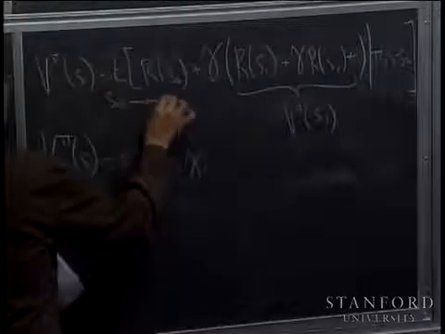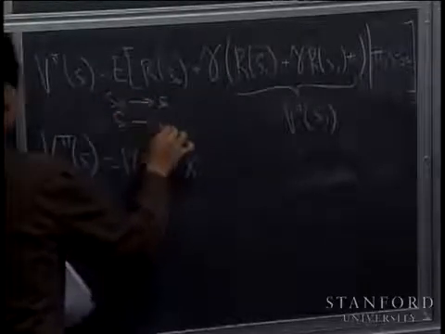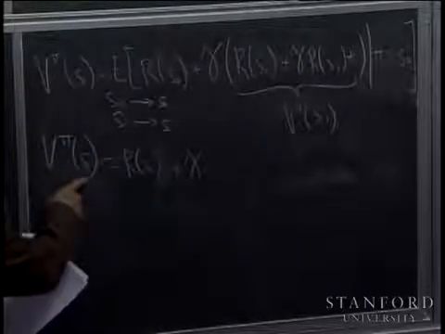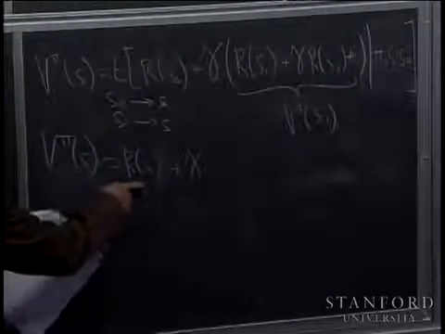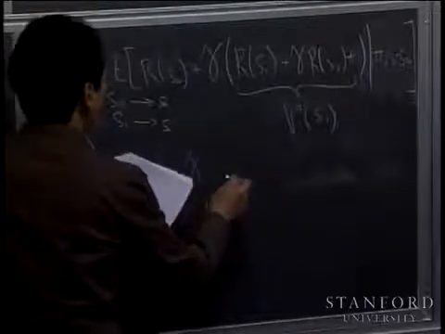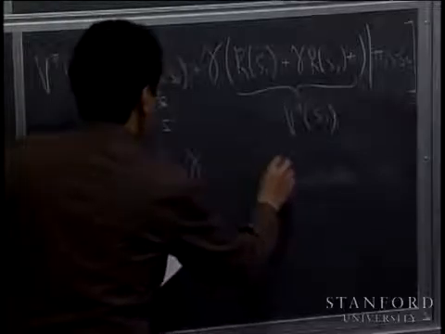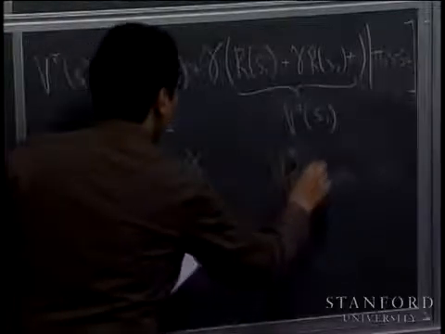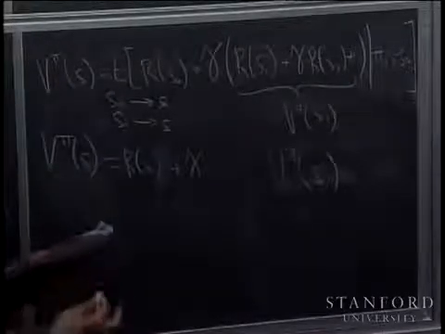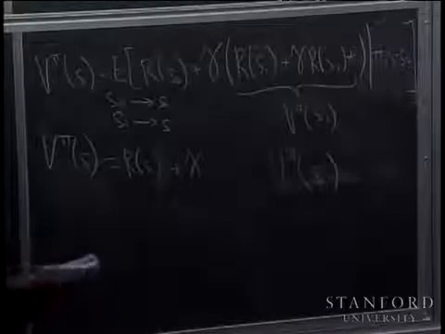S0 gets mapped to S, and S1 gets mapped to S prime in this next line. So the value function for pi applied to state S is the immediate reward plus discount factor gamma times V pi of S1, which I'm writing as V pi of S prime. But S prime is a random variable, because the next state you get to after one time step is random.